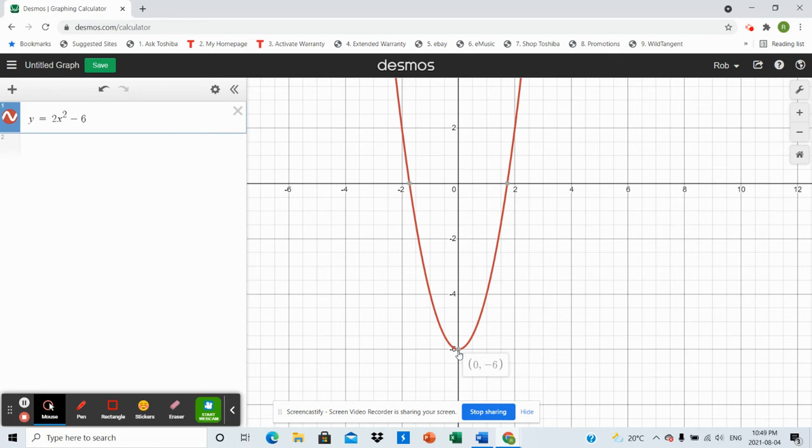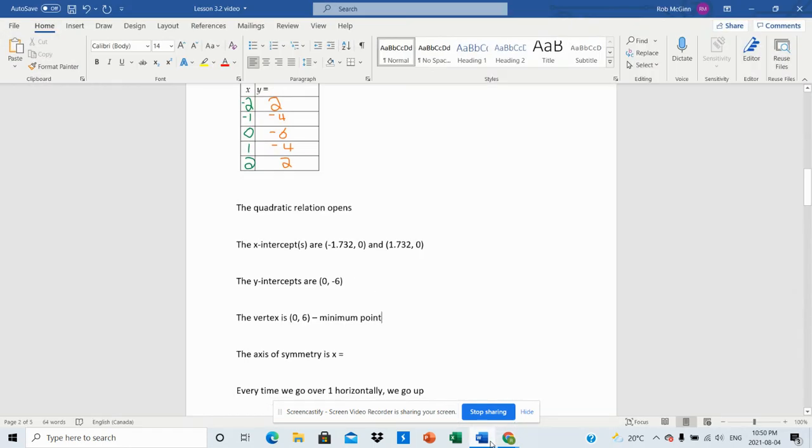If you ever want to know what your axis of symmetry is for a parabola, go to your vertex, your x coordinate, that is your axis of symmetry. So in this case, our axis of symmetry is 0. Now let's just go fill that out. All right, the vertex, axis of symmetry is x equals 0.